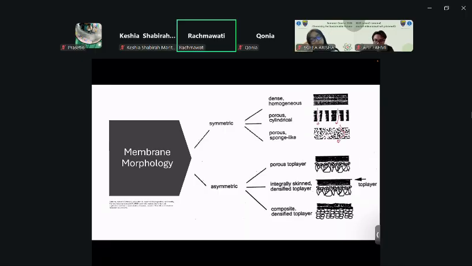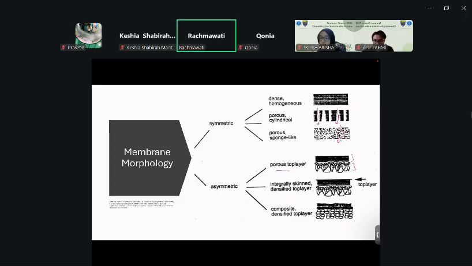And then for the asymmetric, you can see that, for example, you have a porous top layer. So you have a distinctive, different type of combination. This one is very dense, but this one you have a more inhomogeneous structure.